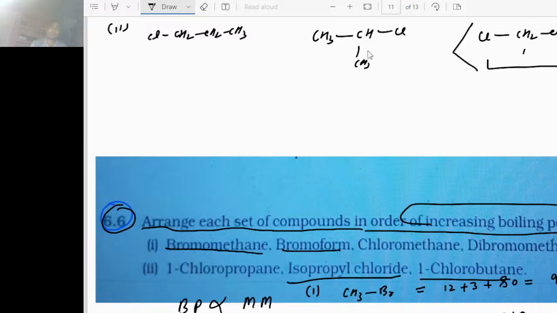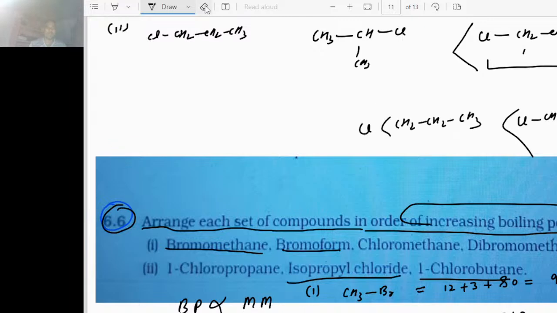Then it cannot be the second because here branching is there, student. It cannot be 1, 2, 3, but here the branching is there. So how can you write the order, student? Cl, CH2, CH2, CH2 and CH3, this is the first one. Then Cl, CH2, CH2 and CH3, second one.